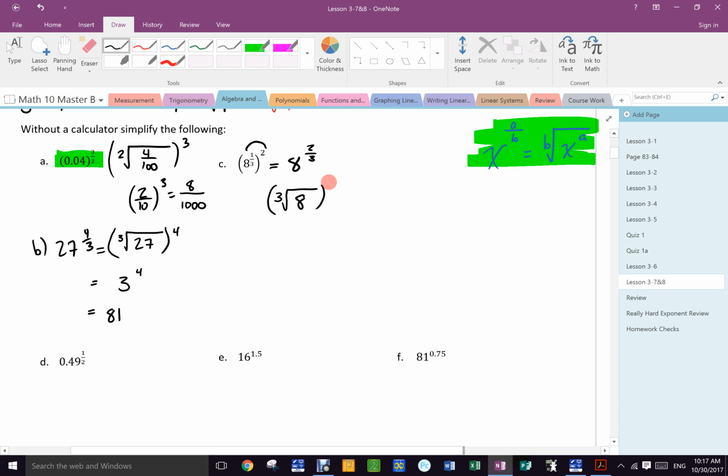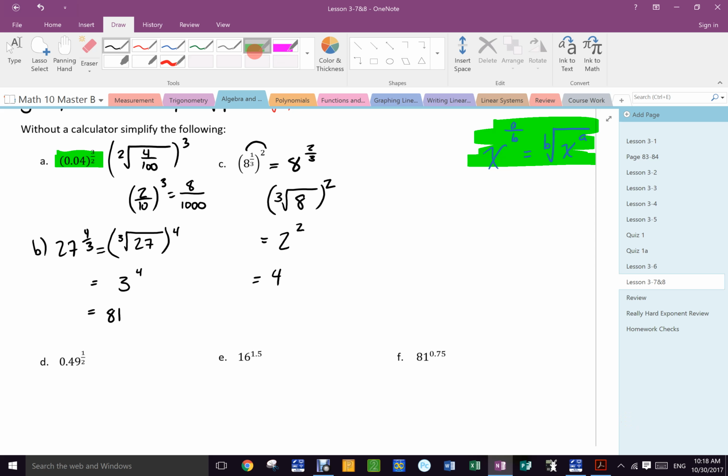Not multiply it by 2. Square it. What is the cubed root of 8? 2 squared. What is 2 squared? 4. Now, whoever said multiply by 2 is going to say, that's what you did. And you're right, it happened to work out here. But it won't always. That's why I stress that you have to square it, not multiply by 2.